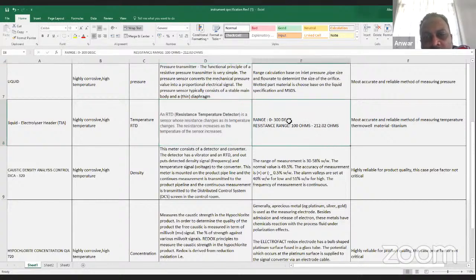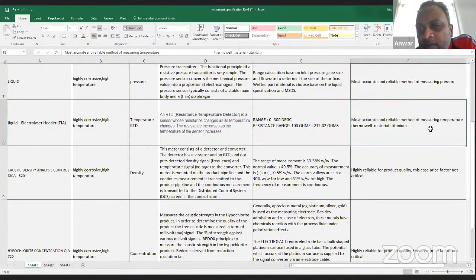And the range of operation of this temperature is 0 to 300 degrees C. So the listed range is also selected according to the range of temperature. Therefore, this RTD can measure the temperature accordingly. Okay, so we changed this material, and also the method of measuring this temperature, and also the thermowell material into titanium.